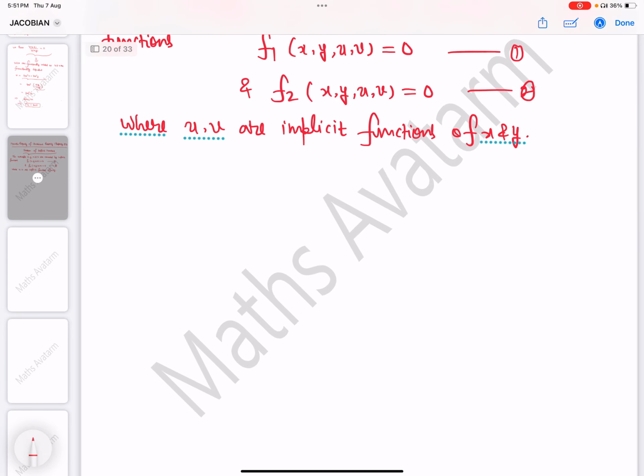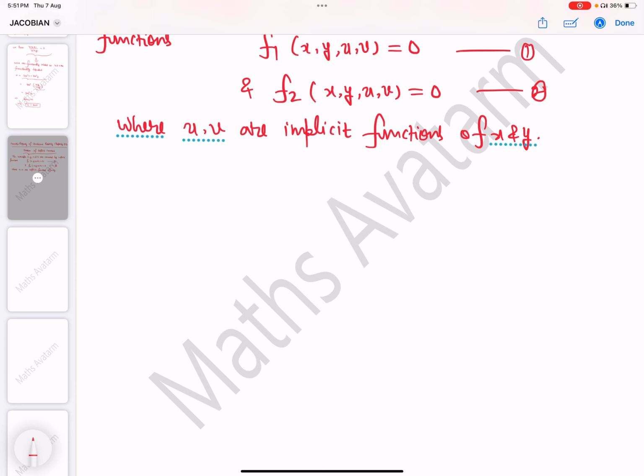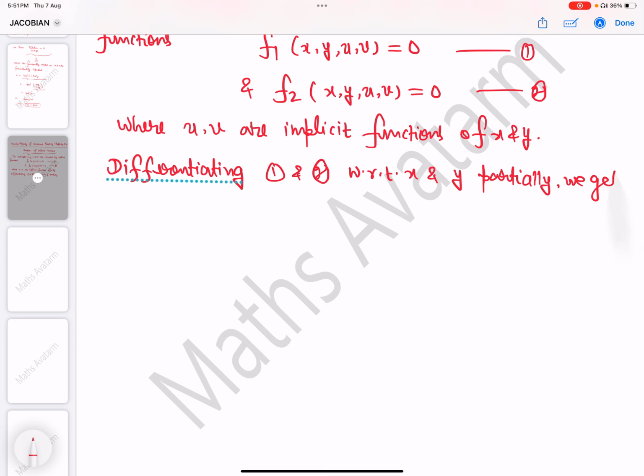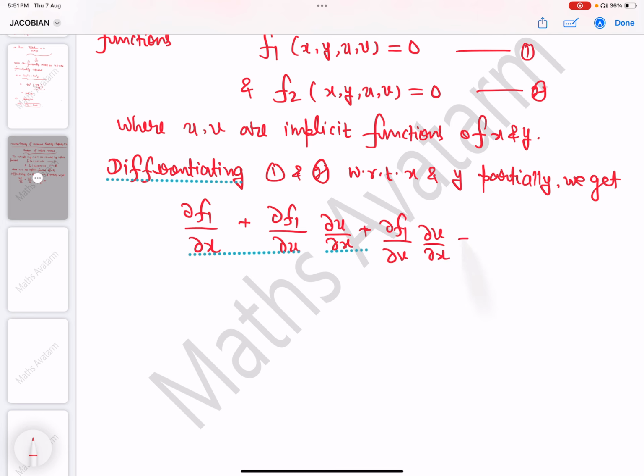Differentiating 1 and 2 with respect to x and y partially, we get: del f1 upon del x plus del f1 upon del u times del u del x plus del f1 upon del v times del v del x is equal to 0.